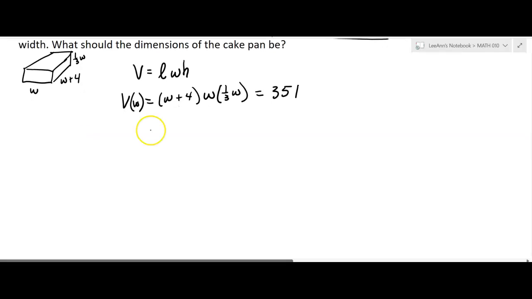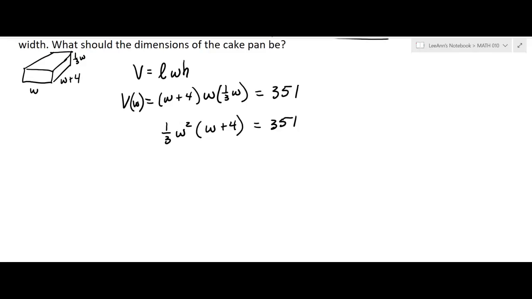So let me do some rearranging here. I'm going to make it 1/3 W squared times W plus 4, equals 351. Let me erase the 1 equal sign. Okay, so before I distribute, I'm going to multiply both sides by 3 because I'm not a real fan of that fraction in there.